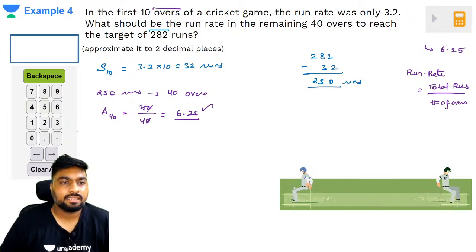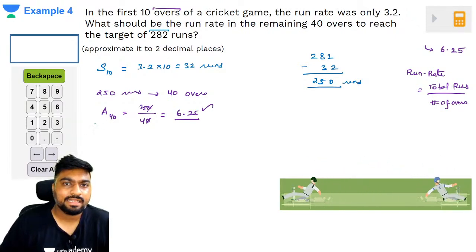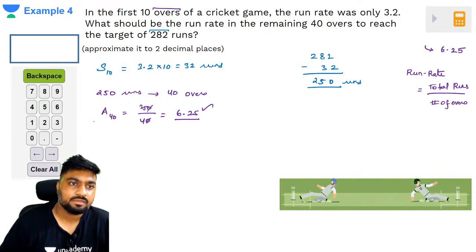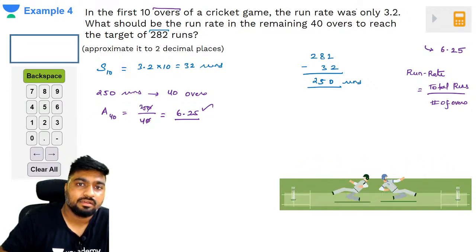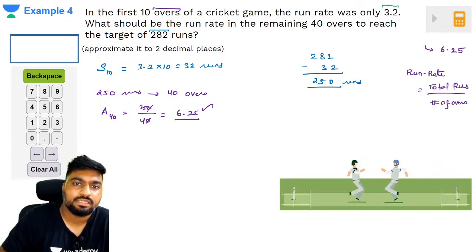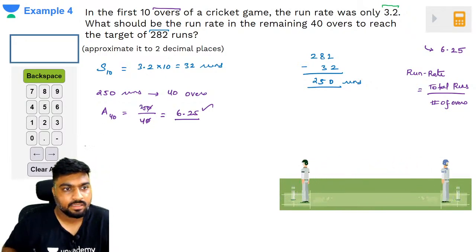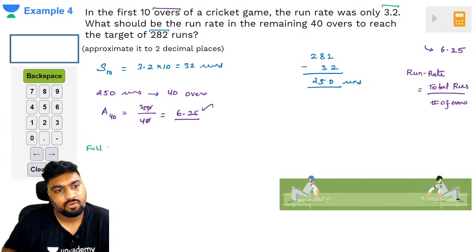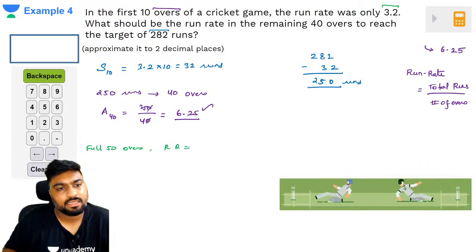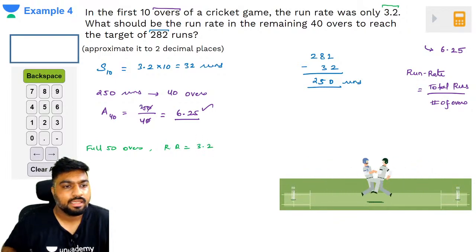So look at this. Try and think like this. What if they had made only 3.2 runs per over for all 50 overs? Full 50 overs. If their run rate is 3.2, then total runs made would be how much?